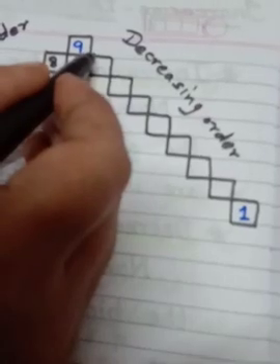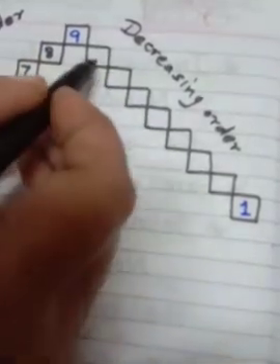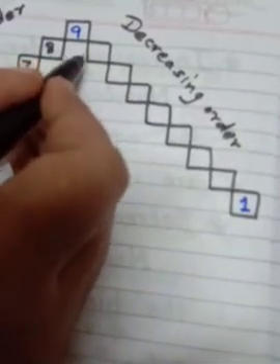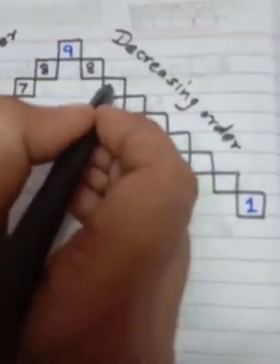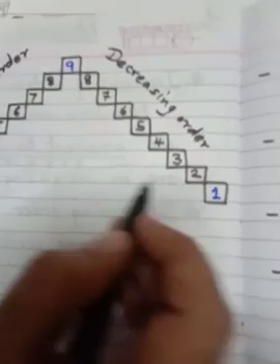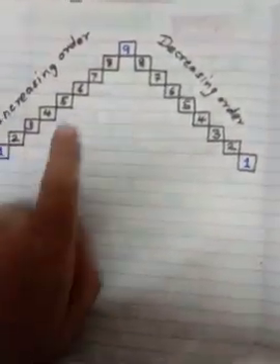So here we have to write the decreasing order, which means 1 less: 8, 7, 6, 5, 4, 3, 2, 1. Okay children, look at this increasing and decreasing order properly.